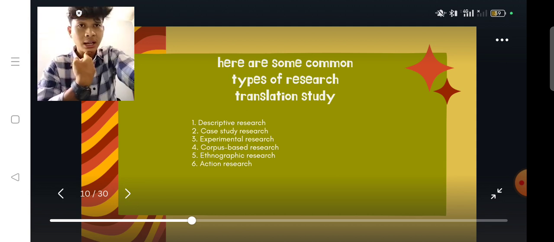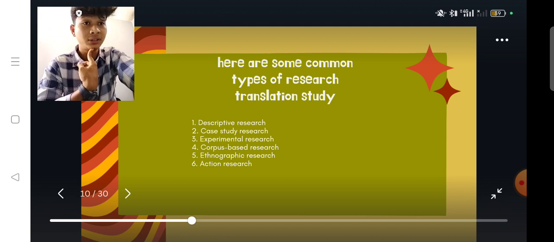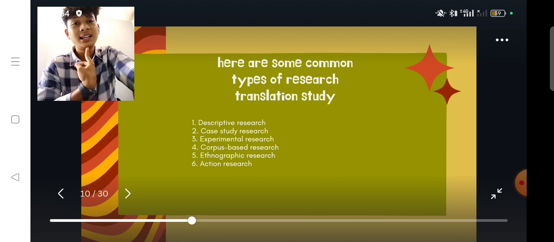The fifth is ethnographic research. Ethnographic research in translation studies involves fieldwork and observation of translation and interpreting practice within their cultural, social, and institutional context. And the sixth is action research.